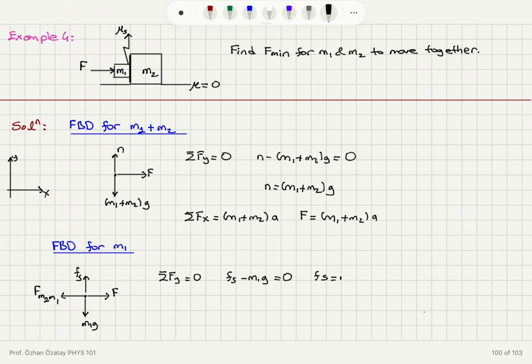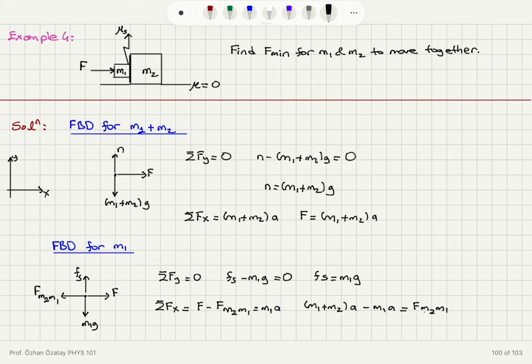The net force on the x-axis must be equal to m1a, because m1 is to move together with m2 with the common acceleration a. So it is F minus the force exerted by m2 on m1 equals m1a, and the force F is (m1 plus m2)a, and if I subtract from this m1a, I find the contact force F m2 on m1.